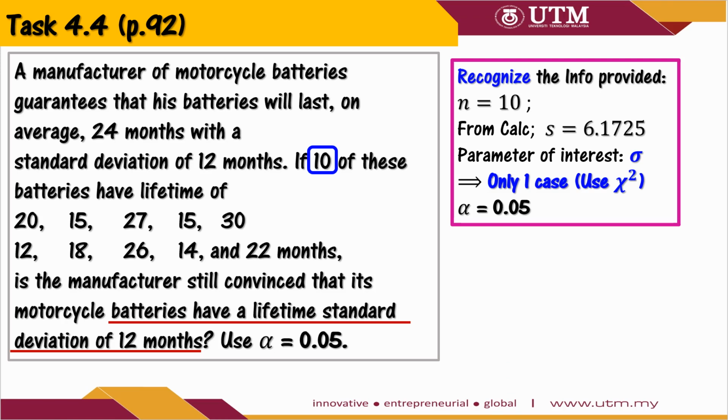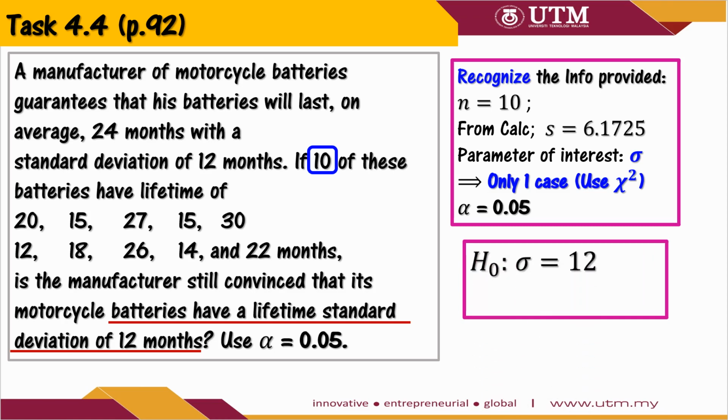Now, how to formulate H0 and H1? By using the standard rule where under H0 we must have an equality sign, we can write H0 as sigma equal to 12. So the manufacturer's conviction about its motorcycle batteries having a lifetime standard deviation of 12 months should be under H0.